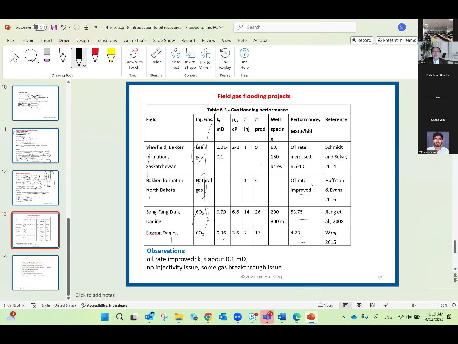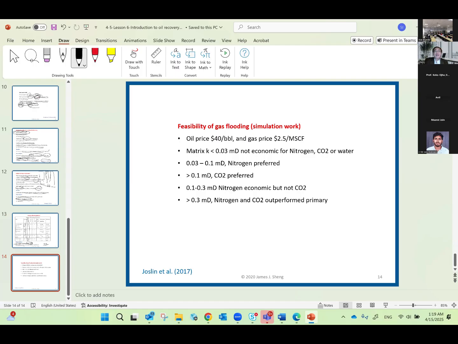Let's say all these projects have permeability in the millidarcy range. But shale permeability is about the nanodarcy range. So that's why I explain that for gas flooding in these works, because permeability is about the millidarcy range, and if permeability is large enough, then there is no injectivity issue. Okay, so that is gas flooding.